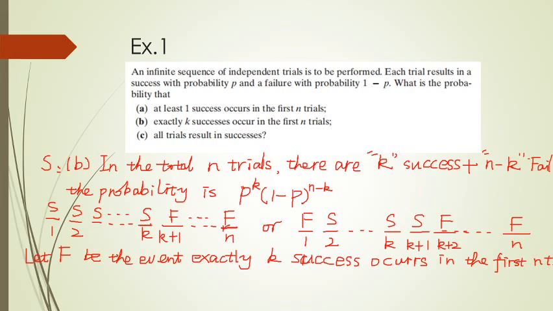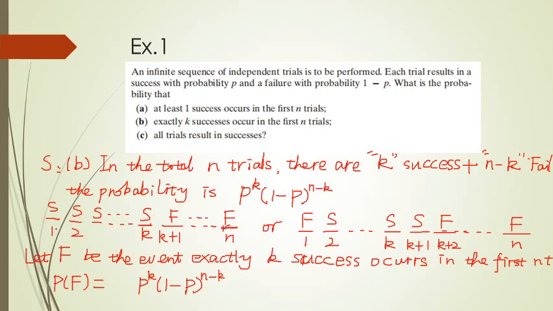So what is the probability of this event F, exactly K successes occurring? We know that for a sequence with K successes and N minus K failures, that will be the probability. And again, those two are different sequences, but their probabilities are the same.